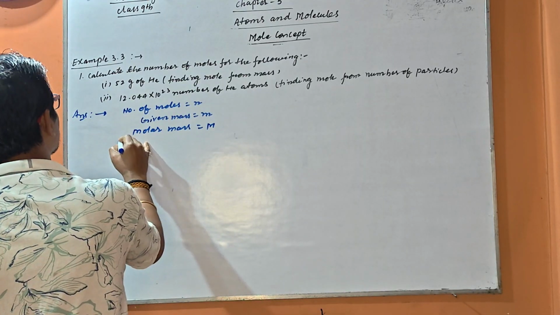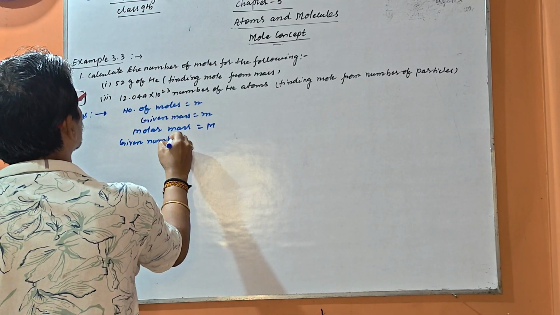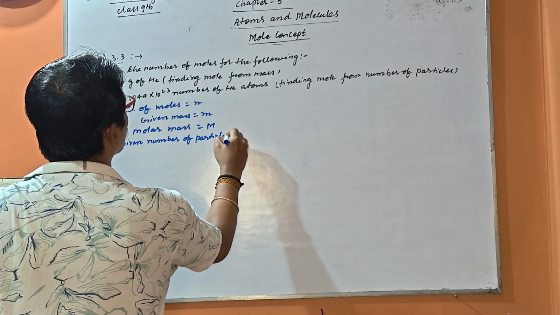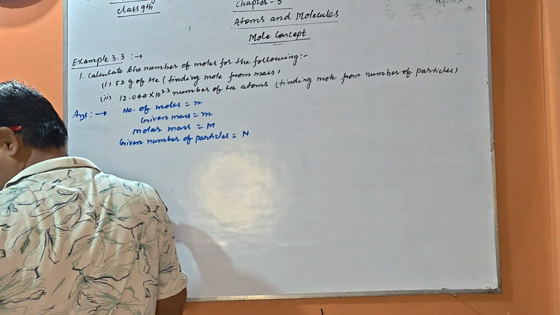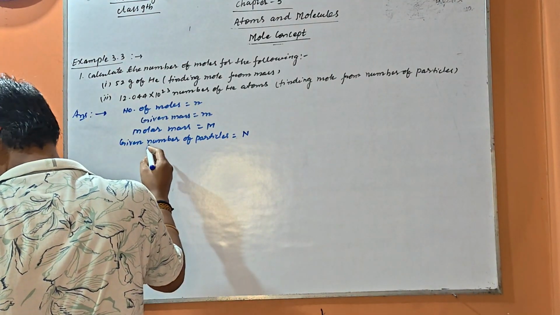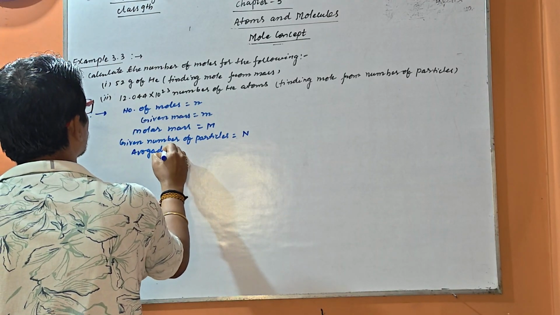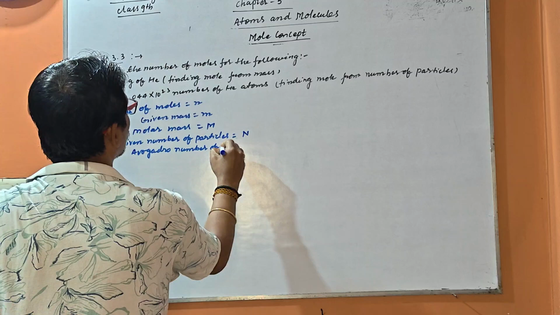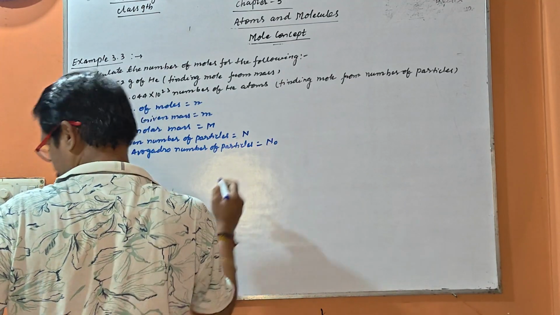Given number of particles is equal to N, and Avogadro number of particles is equal to N0.